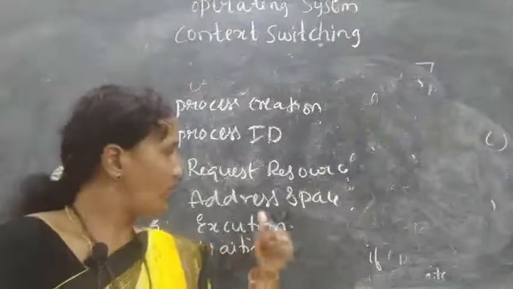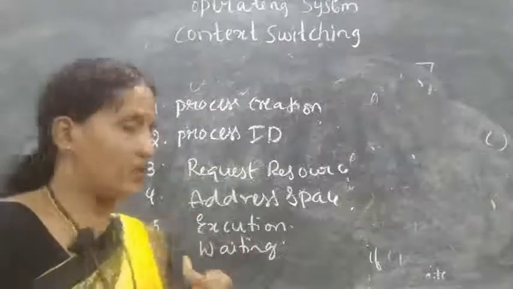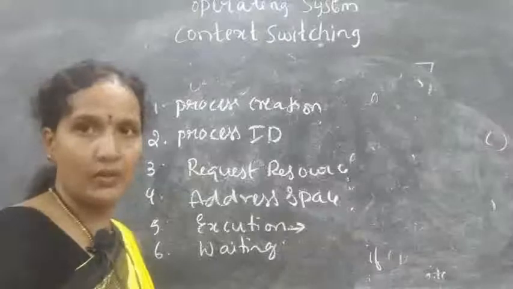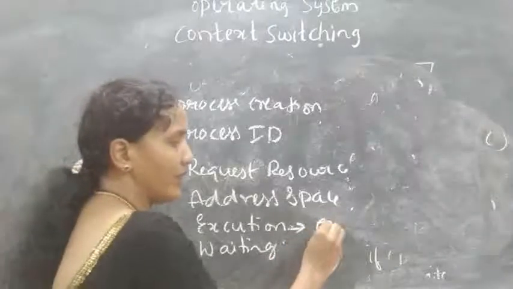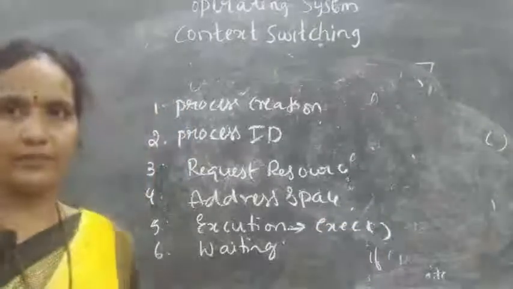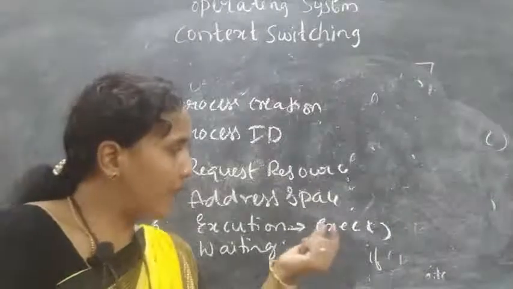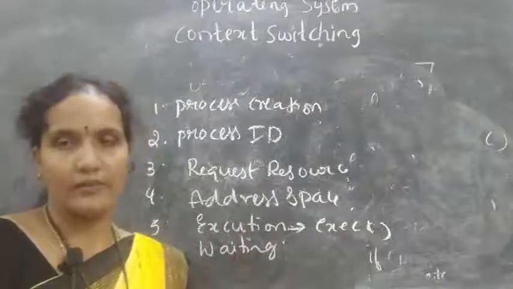Clear? Now, the waiting point I forgot to tell you. If the child process wants to execute, then it will get a system call, EXEC, the execute system call. When the child process gets this system call, that child process will be executed.